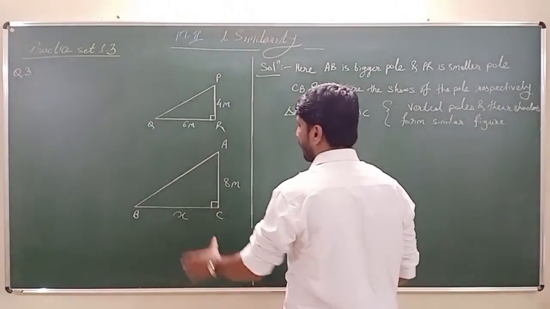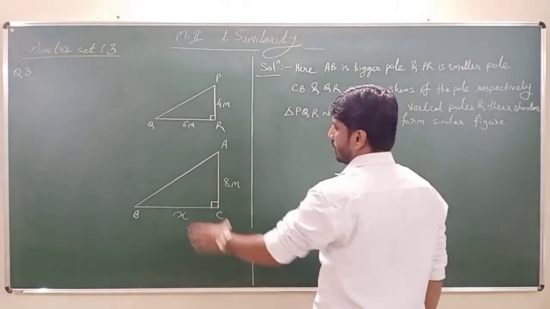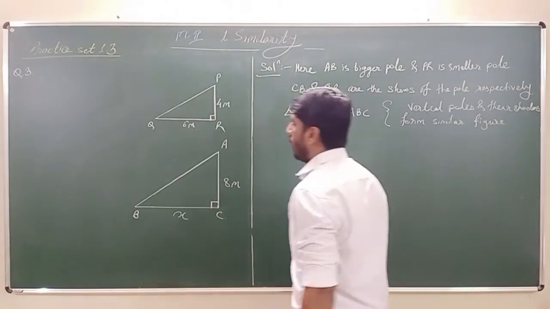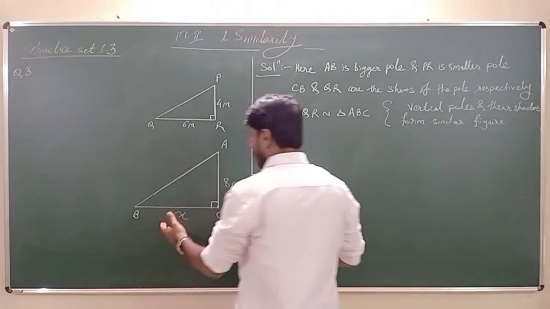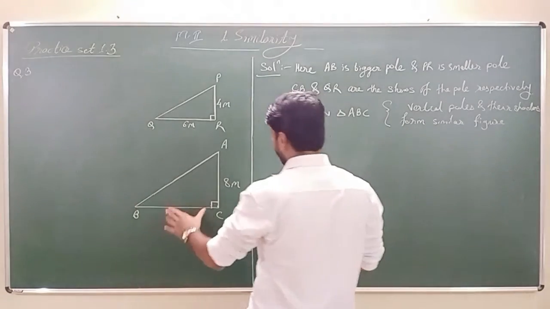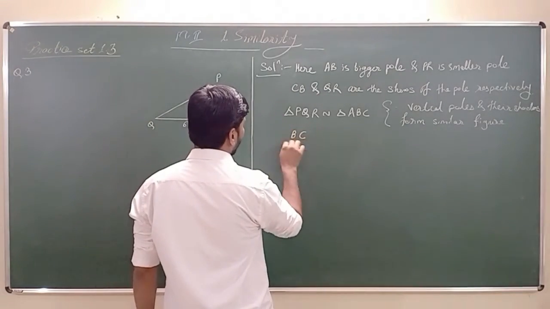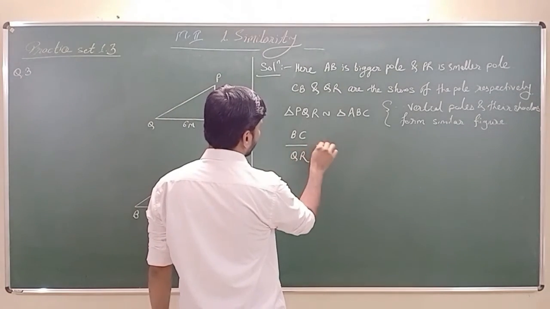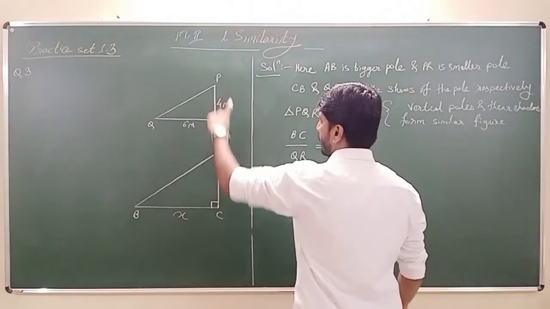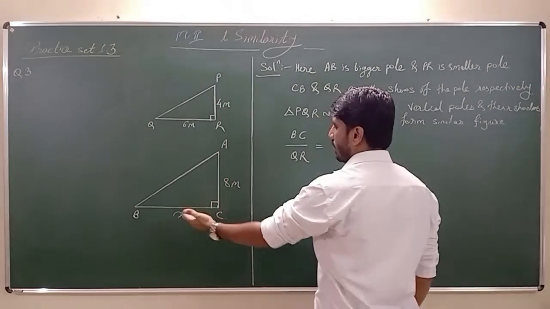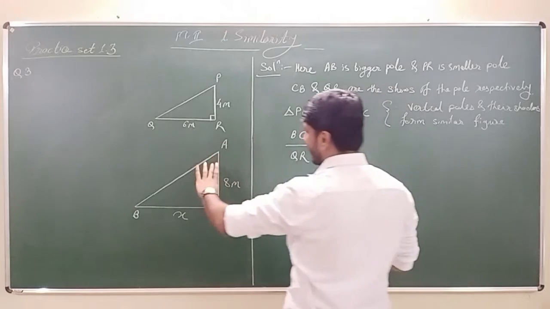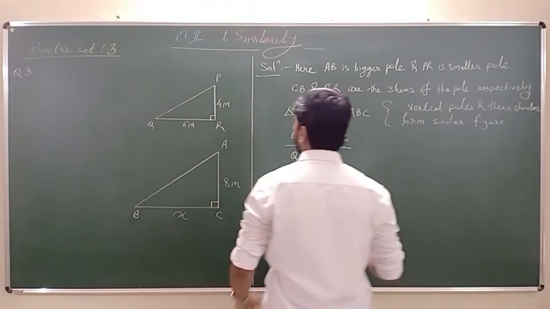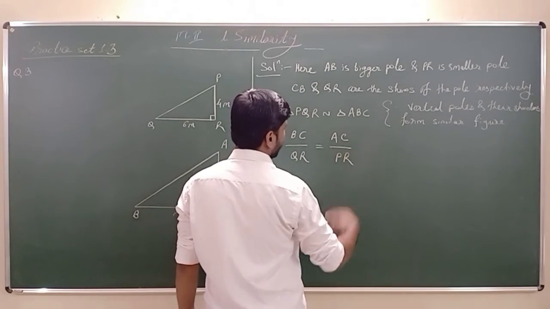Now as both triangles are similar, we can form a ratio. First we will write the ratio of bases of both triangles. So the base of this bigger triangle is BC and the base of this smaller triangle is QR, which is equal to the ratio of heights. The height of the bigger triangle is AC and the height of the smaller triangle is PR.